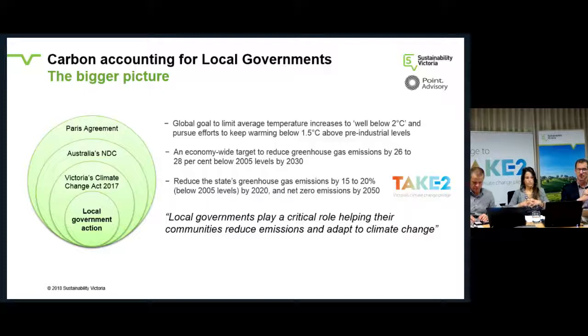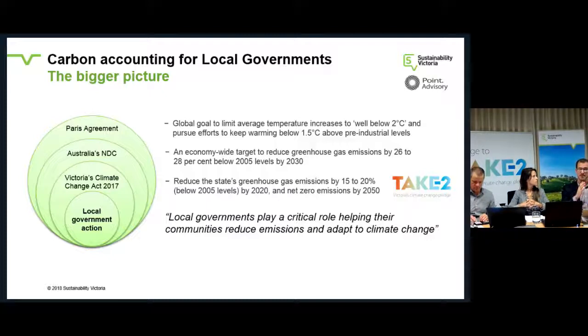And then there's also an interim target of 15 to 20% below 2005 levels by 2020. So that's, as far as I'm aware, the first legislated net zero emissions target in Australia, led by the Victorian government. And there's a few different mechanisms that they are putting forward to achieve that.